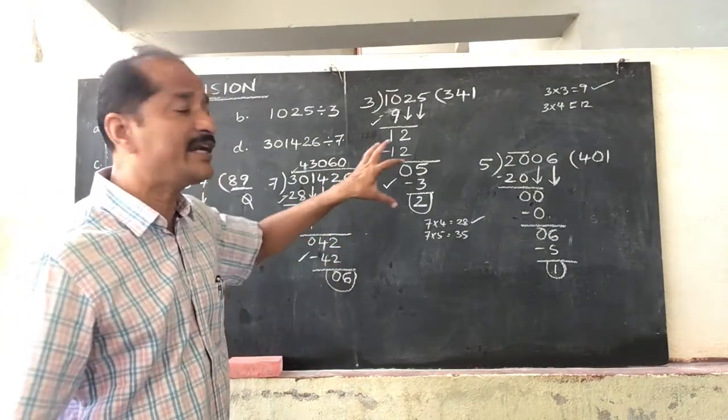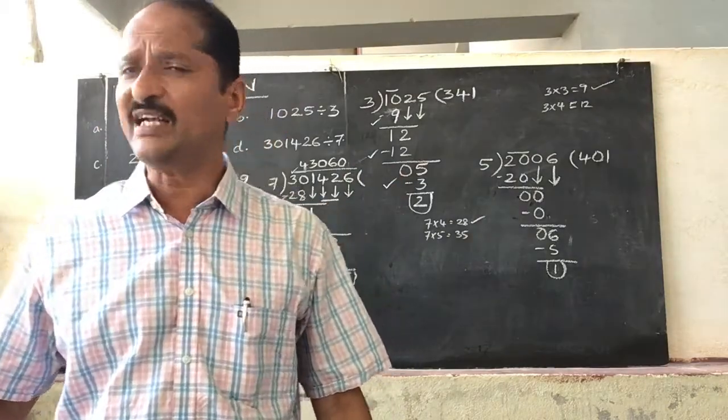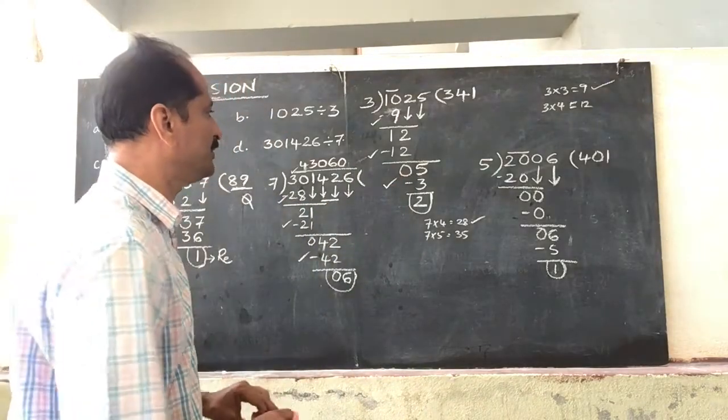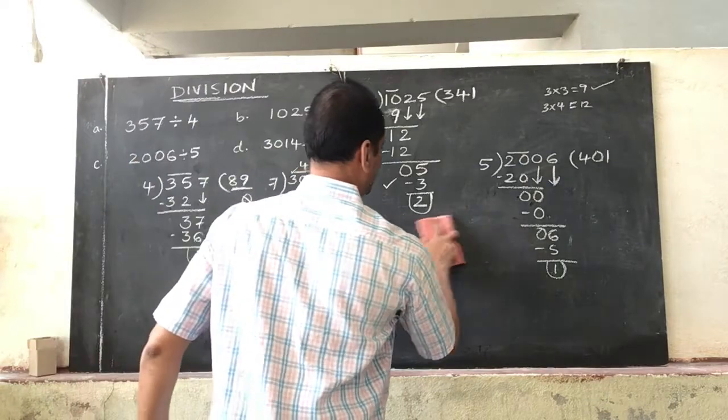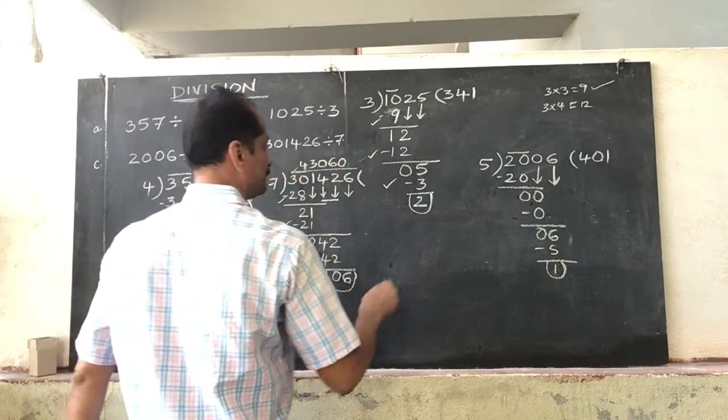Now how can you check this? What is the check rule for divisible? So see, observe carefully.